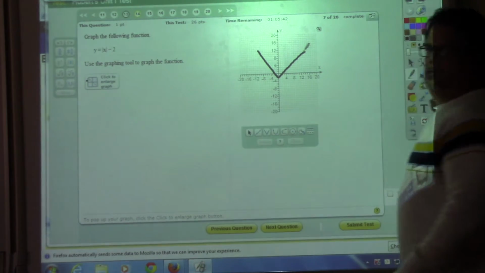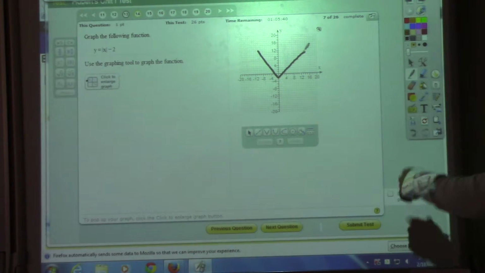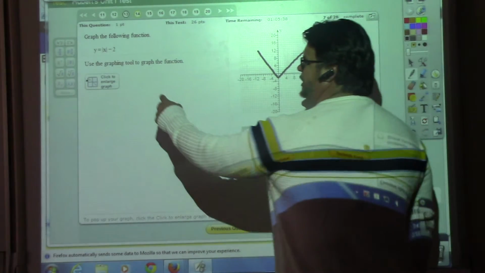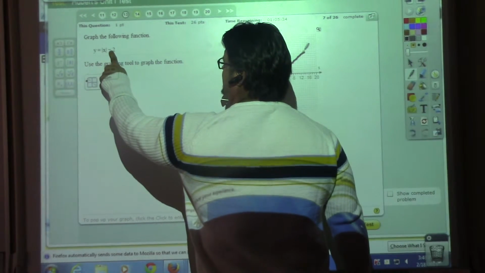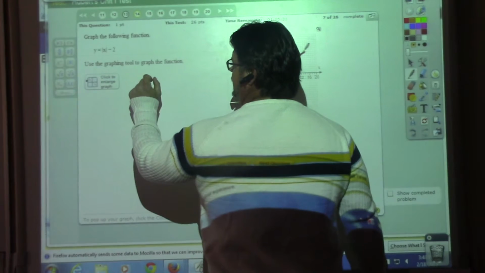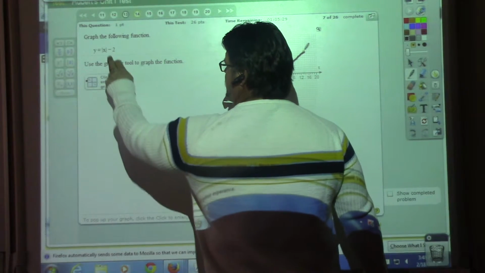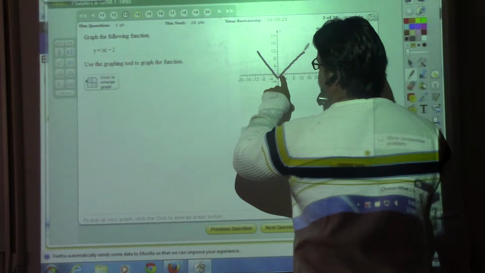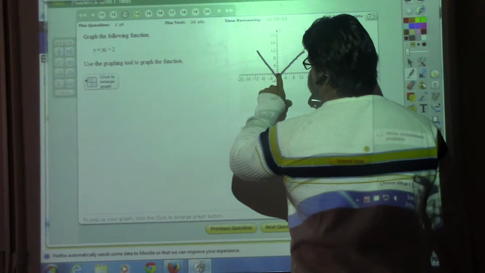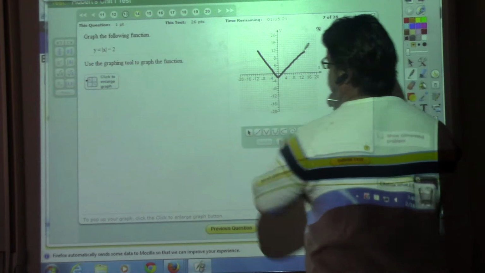That's what it's going to look like. If you plug in 0, you get -2. If you plug in 1, 1 minus 2 is -1. So at 1, you get -1, and at -1, you get -1.